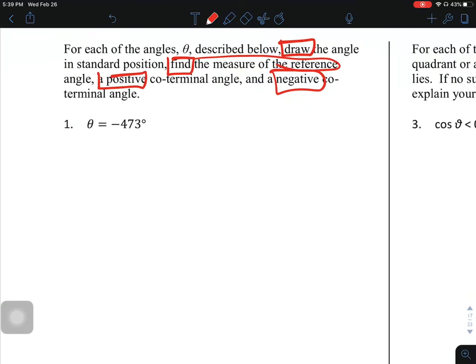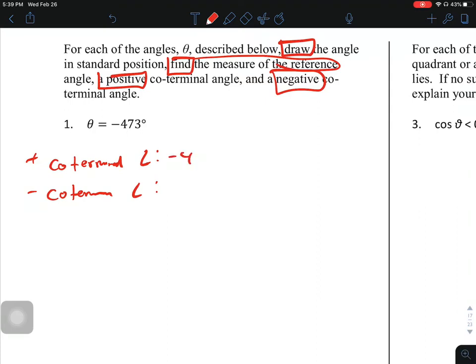Let's find positive and negative coterminal angles first. To find coterminal angles, a positive one and a negative one. Coterminal angles are angles in standard position that have the same terminal side. They are complete revolutions apart.